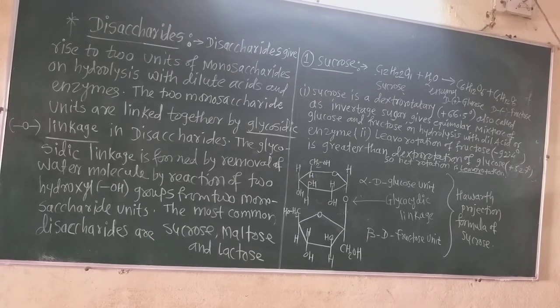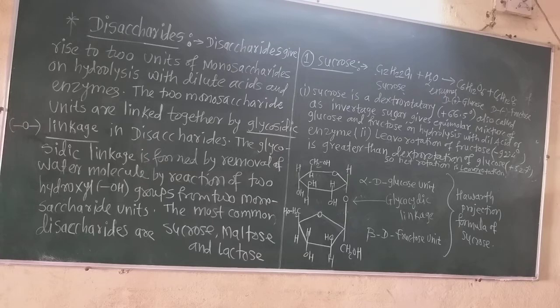the invert sugar. Now the hydrolysis products, that is glucose and fructose, on hydrolysis the result is the levorotation, and so sucrose is called the inverted sugar. The hydrolysis of sucrose is also called the inversion of sucrose. Why?